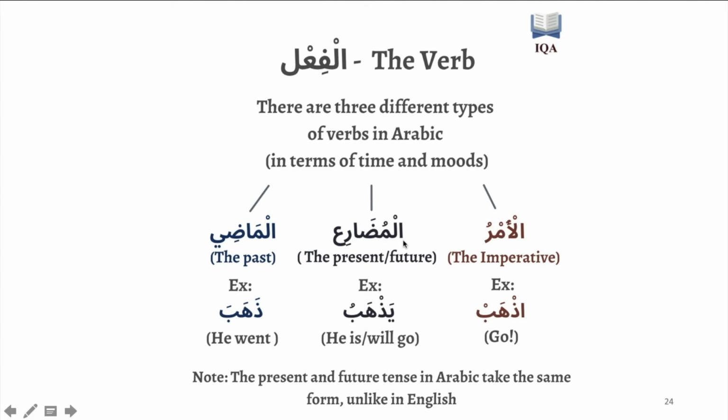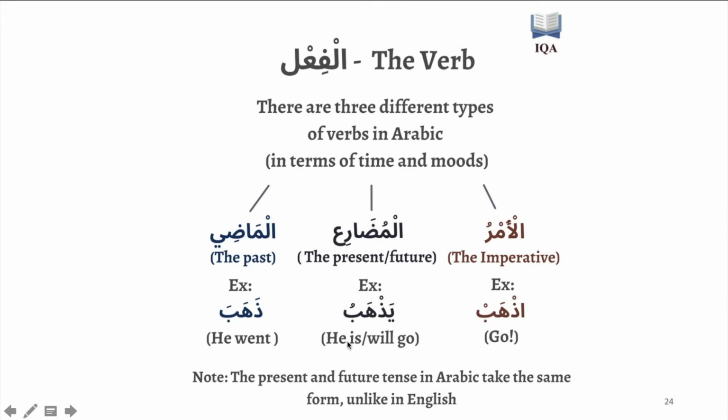Then we have al-mudara', which is the present/future tense verb, meaning that in Arabic, unlike in English, both the present tense and the future tense are referred to with the same word, al-mudara', and they're formed with the same form. يذهب is the mudara' verb, and it can mean he is going or he will go depending on the context. So يذهب is both the present and future tense. What lets me know which one it is is the context, but not necessarily the form.